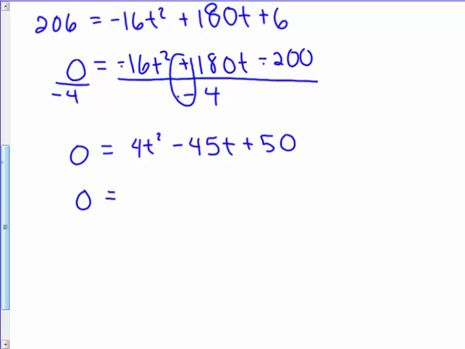At this point, do you want to do guess and check? Do you want to do factor by grouping? We'll do factor by grouping, so I multiply the first and third together. And I want it to equal negative 45t. So, if I think about this, 50 and 5 here, no, that won't work, right? It's not going to be 50, it's not going to be that, because what? I look at the signs.